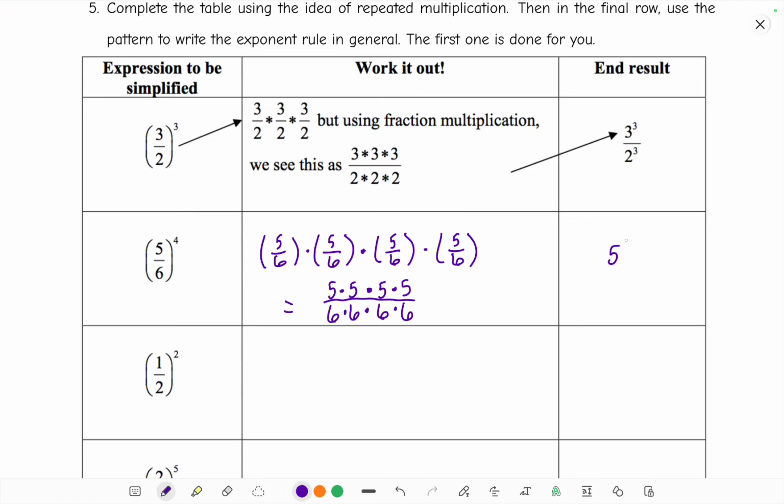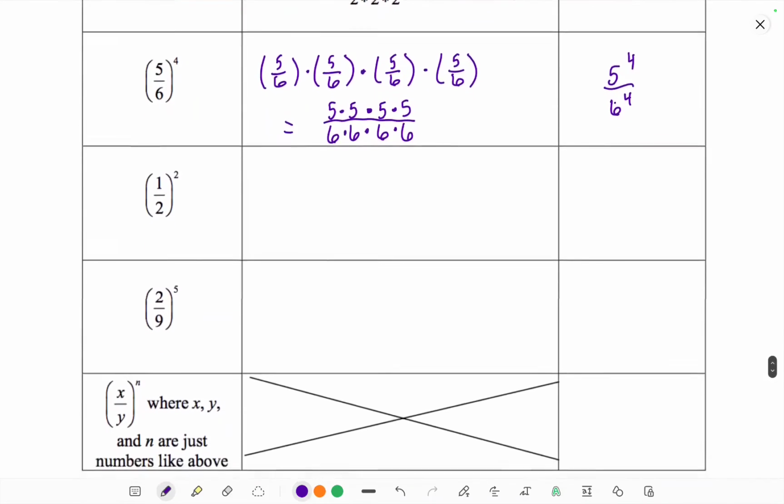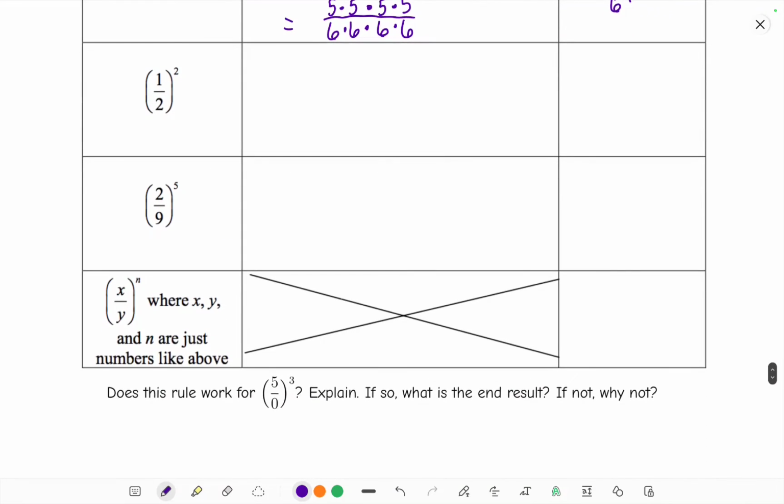So then we get 5 to the 4th over 6 to the 4th. Then we have 1/2 times 1/2 for (1/2) squared, which is 1 times 1 over 2 times 2, which is 1 squared over 2 squared.